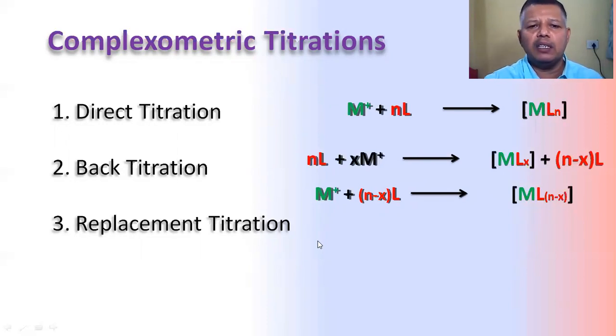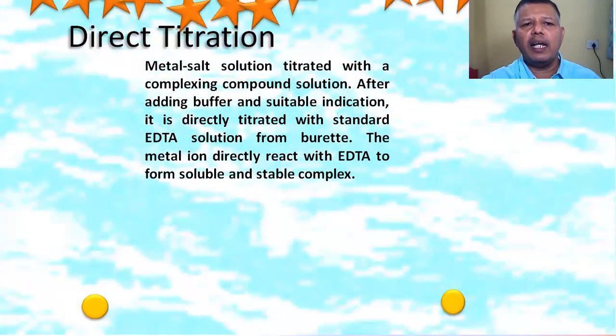In one, all the ligands are completely transferred, and in another, one ligand gets replaced by another ligand, and from that we can see the change in color. From that we can identify how much concentration of the metal ion is present in the solution using the complexometric titration. Now first we see the direct titration.